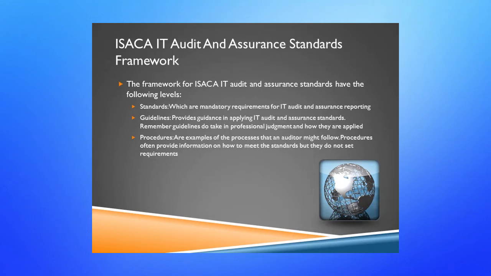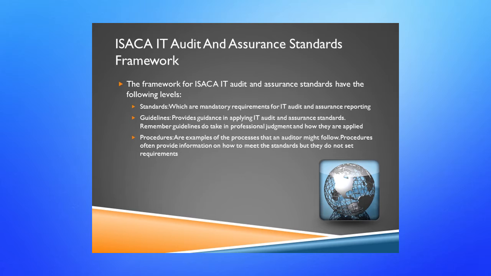Now, the framework for the ISACA IT audit and assurance standards has several levels, and of course, it's almost like we're working out the wording of a contract here, right? But we're building a foundation here of the terms, and the basis of everything we're going to see in the next section is that they're going to be following the definitions of standards, guidelines, and procedures. Now, standards, those are going to be the mandatory requirements for IT audit and assurance reporting.